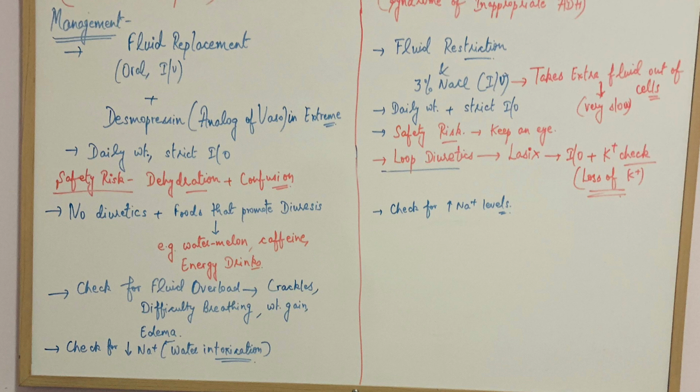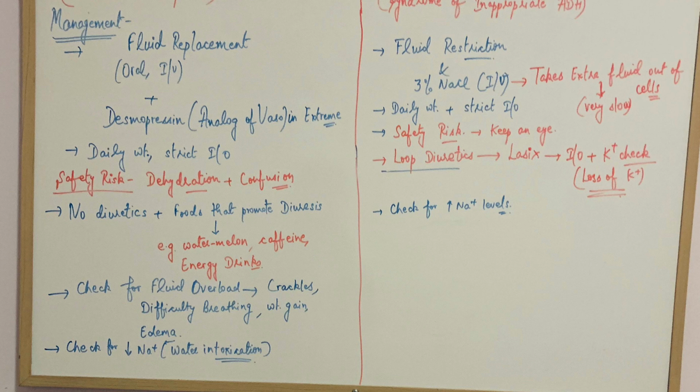So keep an eye on potassium levels. That's the primary responsibility of a nurse. And plus check for the levels of sodium. If we are giving external sodium, for example hypertonic 3% NaCl, we have to check for increased levels of sodium also. So depending upon what we are giving and what the patient is going through, we have to keep an eye.